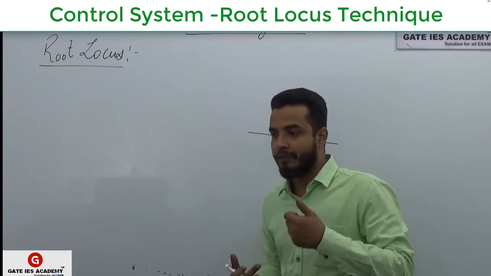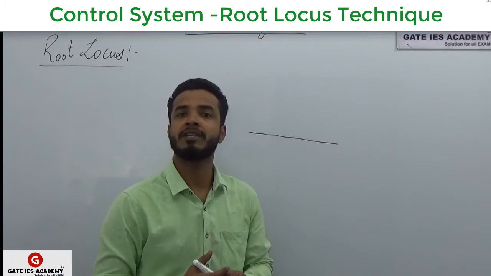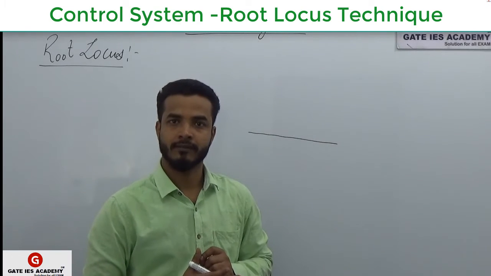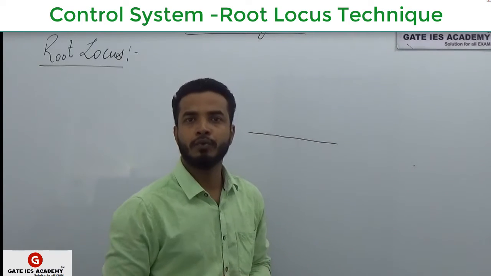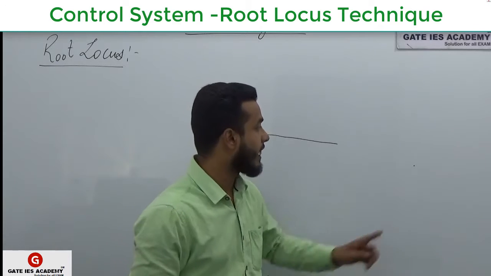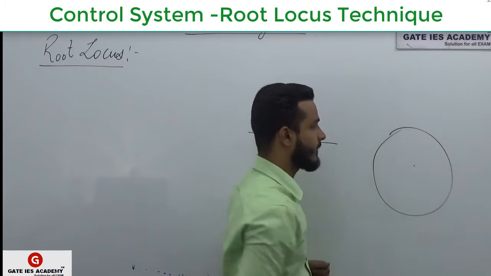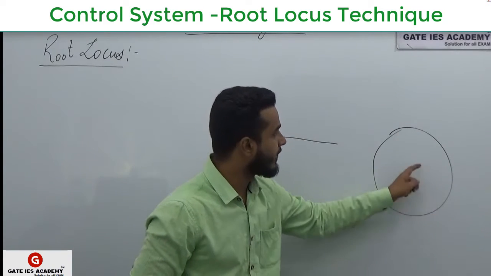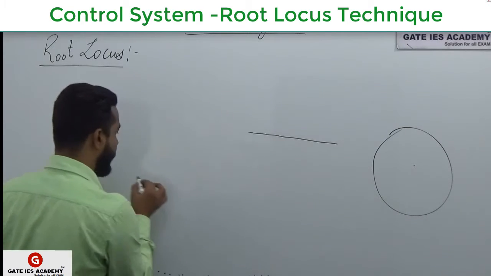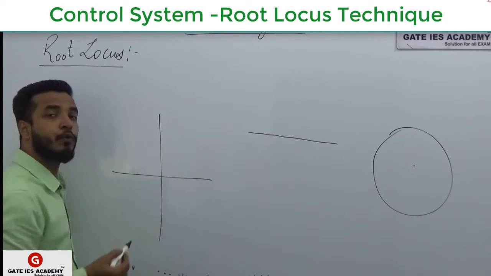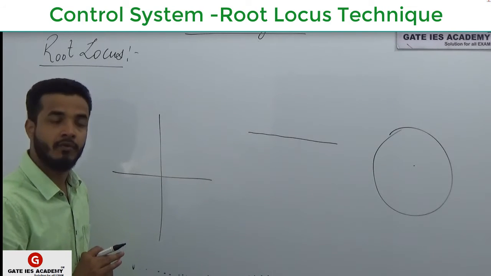For example, if I want to draw the locus of all the points which have the same distance from a particular point, definitely that will be a circle. From this point, if you go anywhere, the distance will be the same. Or in other words, if I ask for the locus of all the points which have unity distance from the x-axis, where is the x-axis?